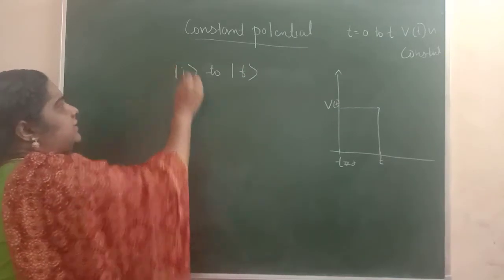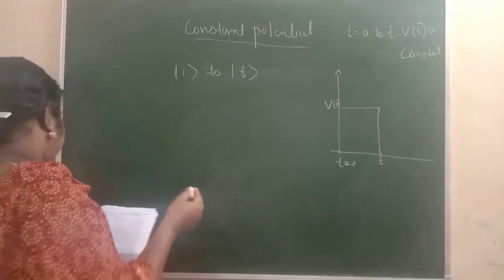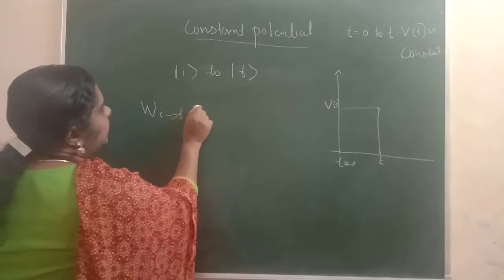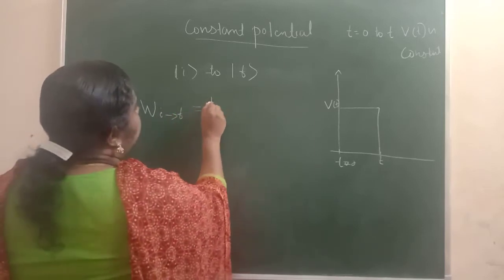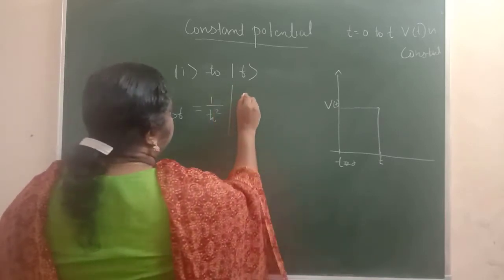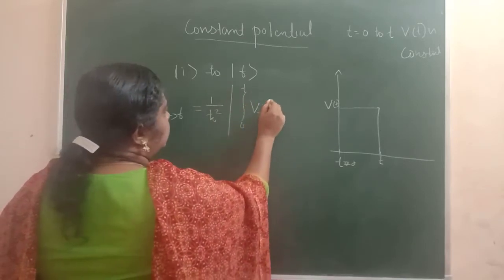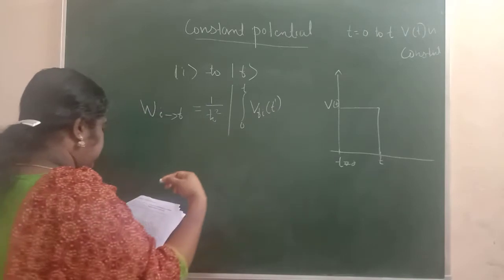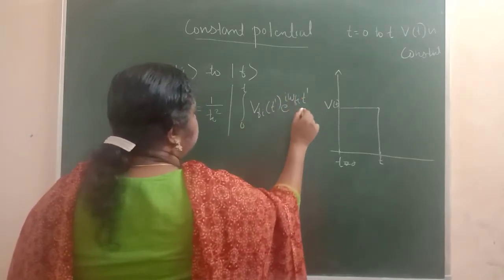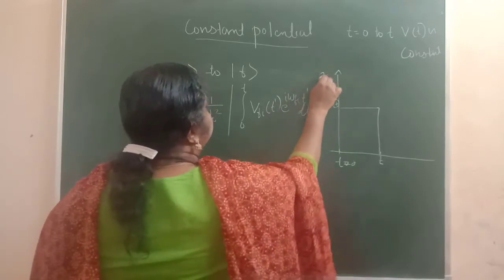In the last class we found the equation: the transition probability from state i to f is given by 1 by h cross square, modulus square of the integral from 0 to t of V fi of t dash, e raised to i omega fi t dash, dt dash.